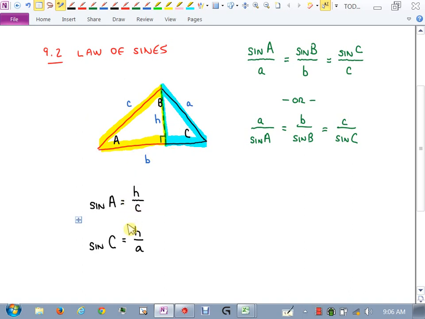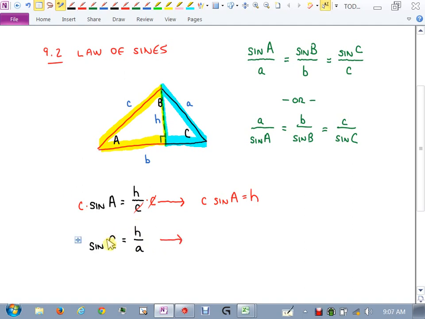Now, for each of these equations, I would like for you to get H by itself. So on this first equation, multiply both sides of the equation by C. If I multiply this side by C, I get C times sine A. If I multiply this side by C, the C's cancel, and I just get H. So this gives me an equation that says C times sine A must be H. Do the same thing on this one.